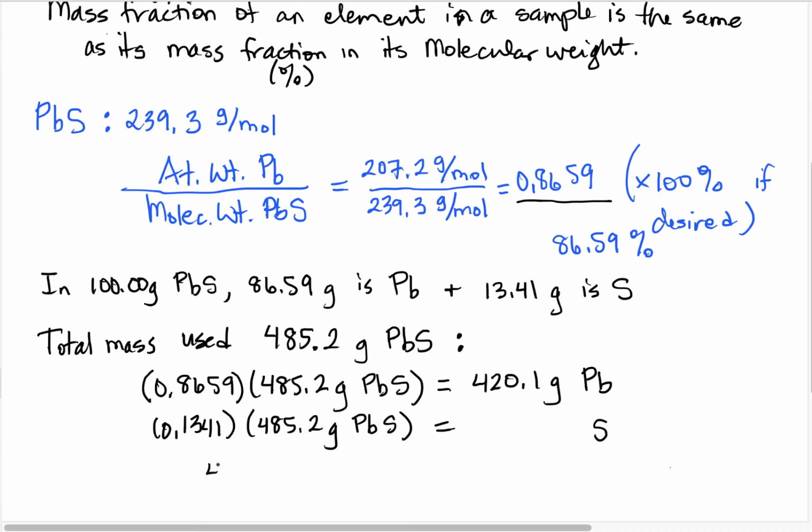The other way we can do this is just take 485.2 minus 420.1 grams. And that's also going to get us this number, which is 65.1 grams of sulfur. So let's look at the process of what we just did.